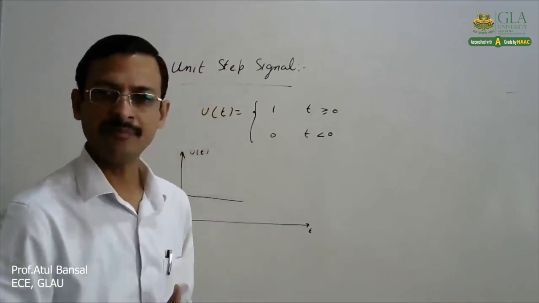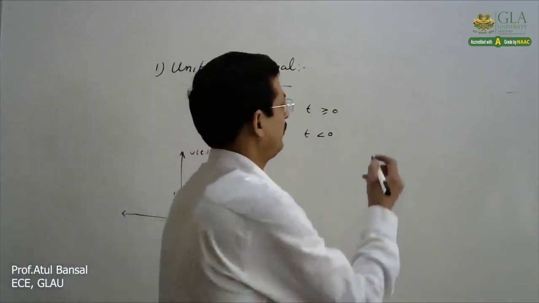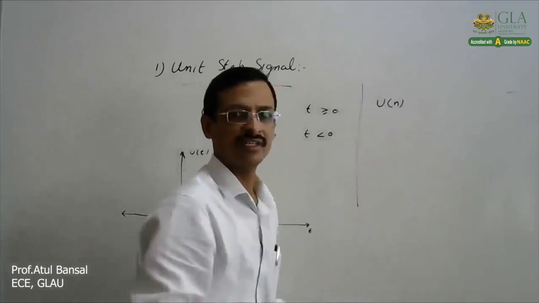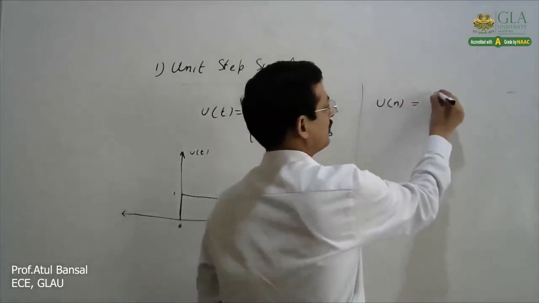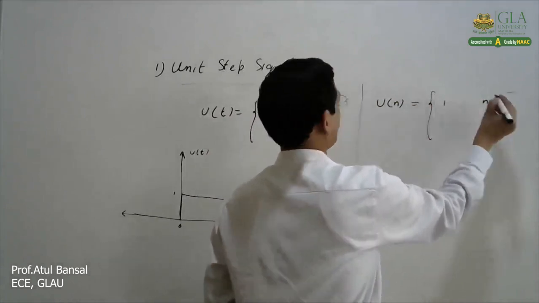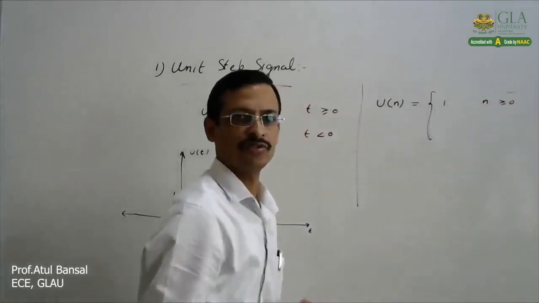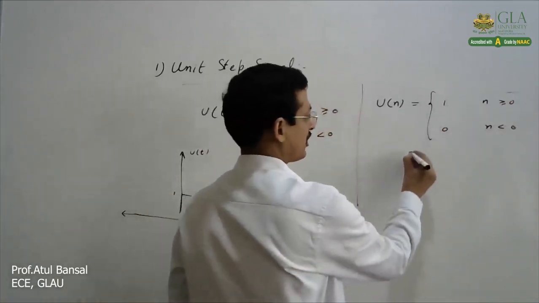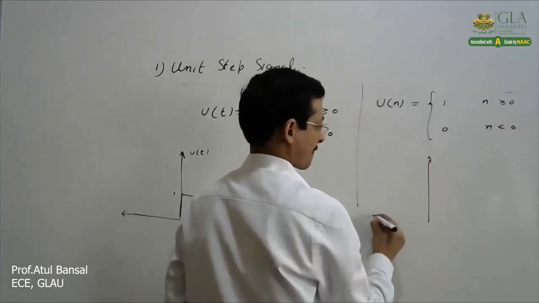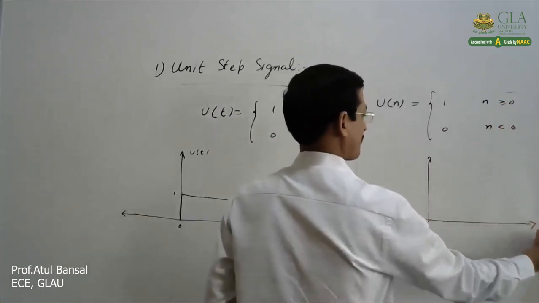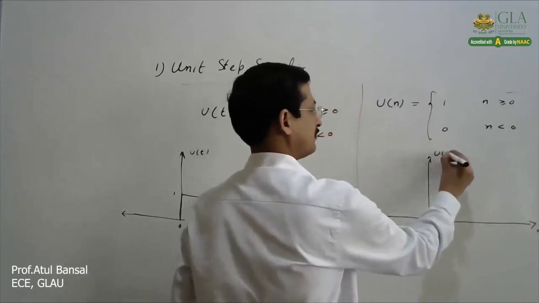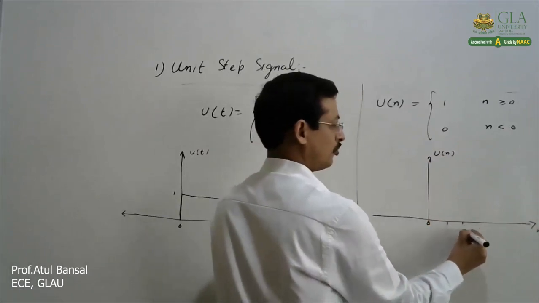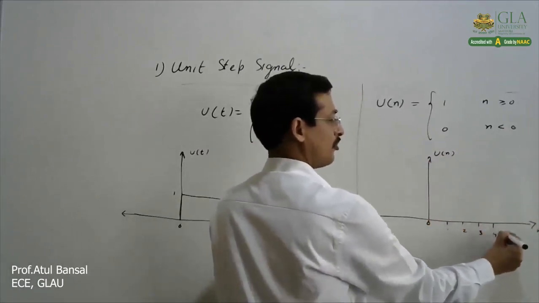This is in continuous time. Analogous to this, in discrete time, we have a signal u[n], which is the unit step. It is 1 for n greater than or equal to 0 and 0 for n less than 0. So if we graphically plot that, it is 0 for n less than 0, and for n equal to 0, 1, 2, 3, 4 and so on it is 1.